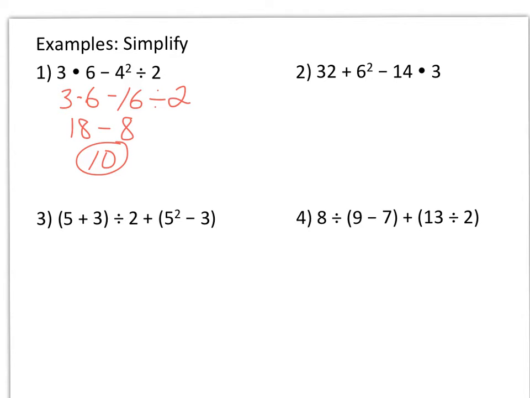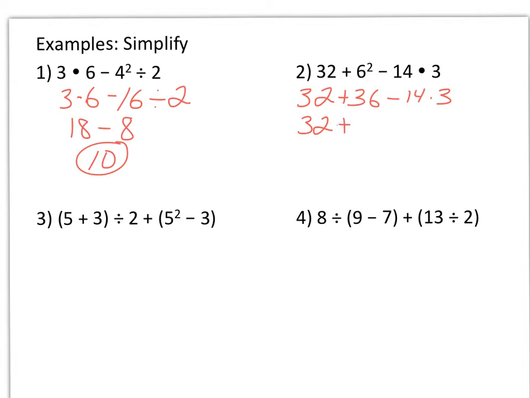And number 2, 32 plus 6 squared minus 14 times 3. So again, exponents first. 32 plus 36 minus 14 times 3. Okay, we have to do the multiplication next, so let's just bring down that 32 plus 36.